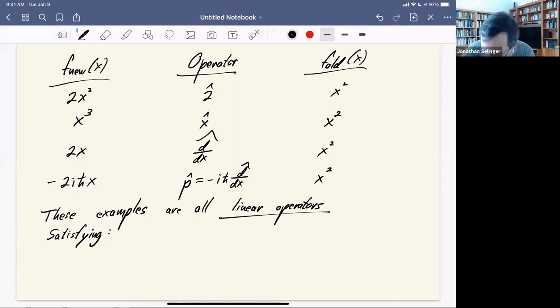So one rule is that a linear operator acting on a constant times f old is equal to that constant times the linear operator acting on f old, where C is a constant.